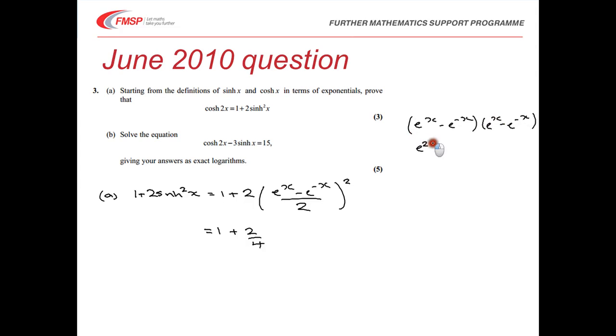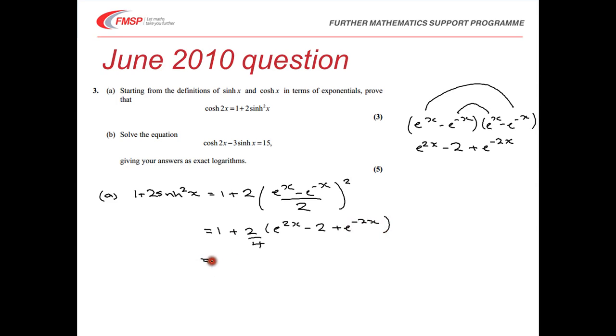So we're going to have e to the 2x, e to the x times e to the x, adding the x's together to give e to the 2x. Now this times this is negative 1, and this times this is also negative 1, so that will give us a minus 2. And then we'll have plus e to the minus 2x, again adding those powers, minus x and minus x. So we will have e to the 2x minus 2 plus e to the minus 2x.